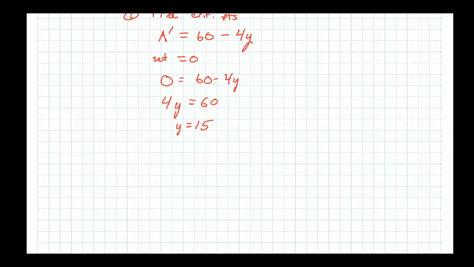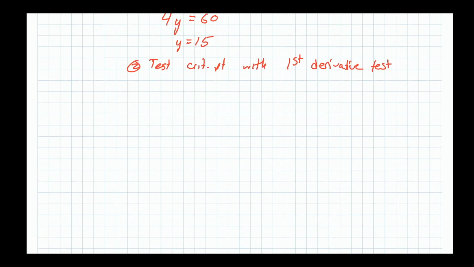Now, once you have a critical point, we need to test it with the first derivative test, because we need to know that it's a maximum. Our number line: if you know it starts at 0, put that in.